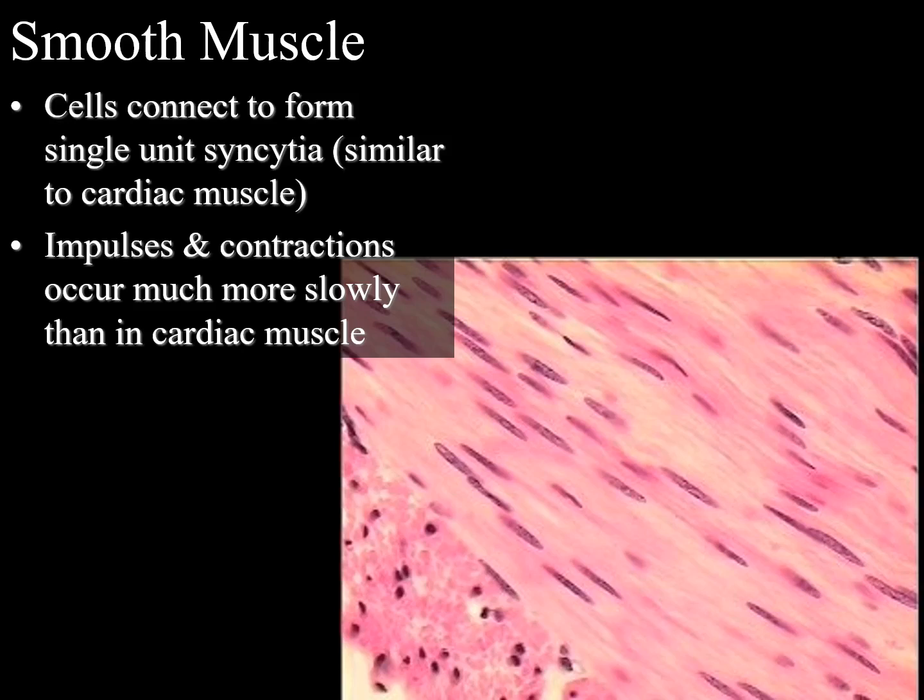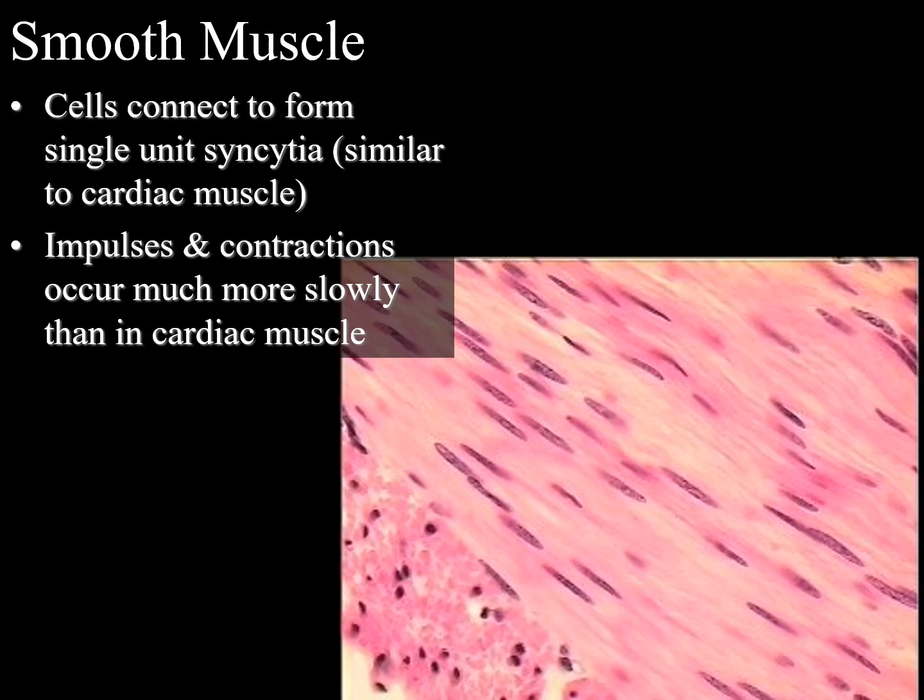So it's a whole unit that contracts when that happens. The smooth muscle cells can send signals from one to another. So if one starts contracting, they can communicate with the other cells that are touching them so that they know to contract also. But they tend to be kind of slow.